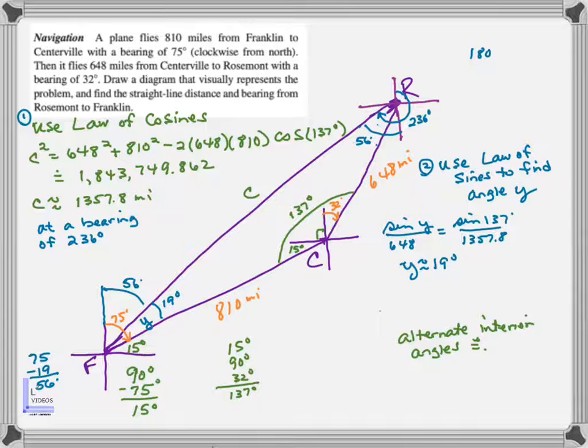The reason we needed to find that is we needed a bearing, and we needed to start at due north and come all the way around to this segment in a clockwise direction. I have the blue arrow showing that 236. You would do 180 plus the 56.